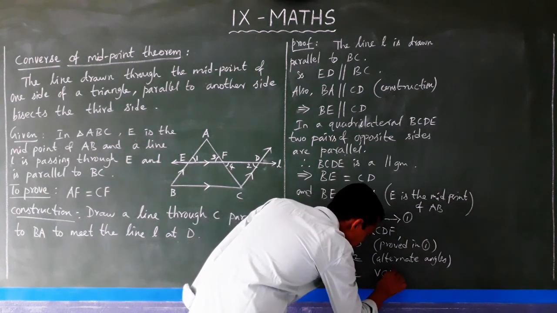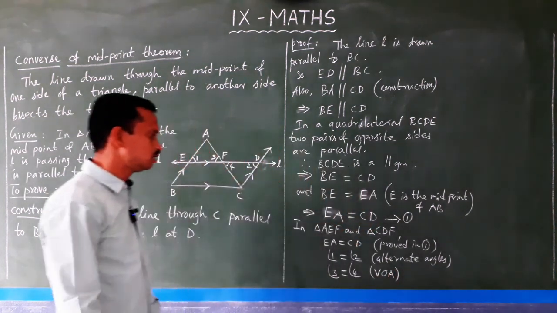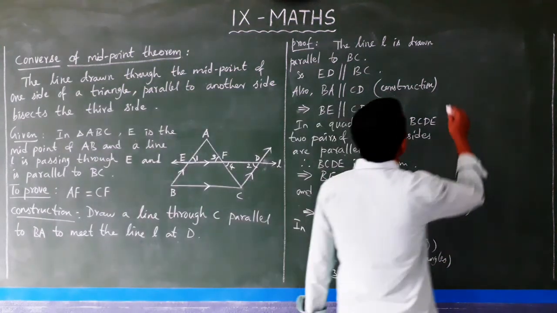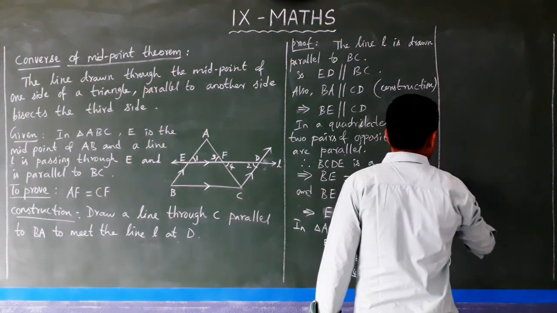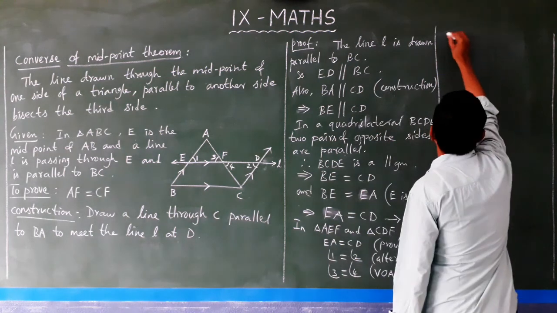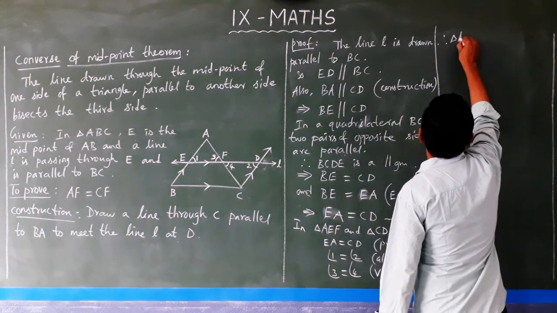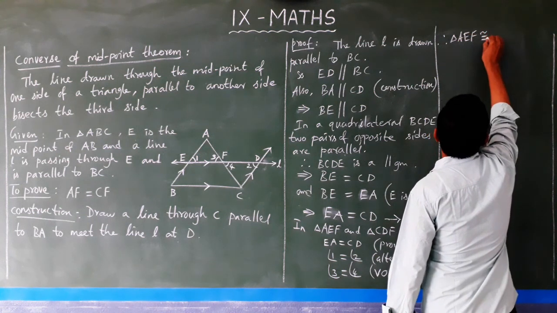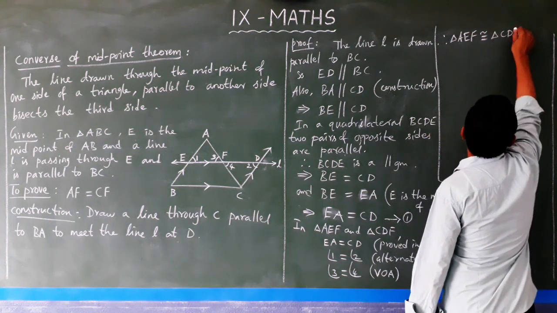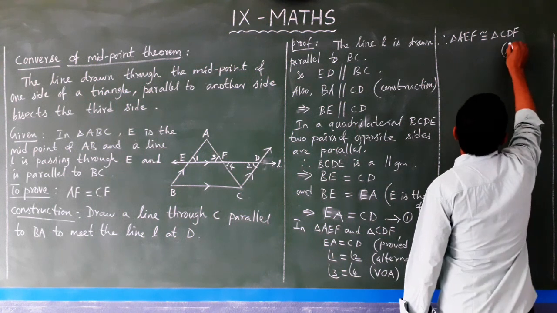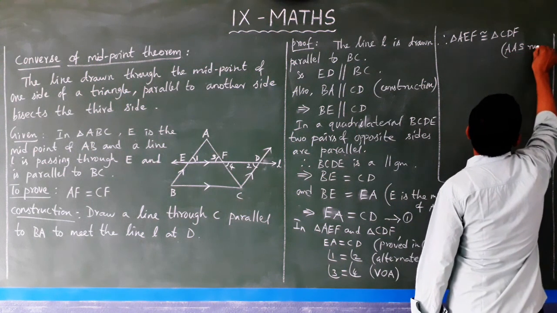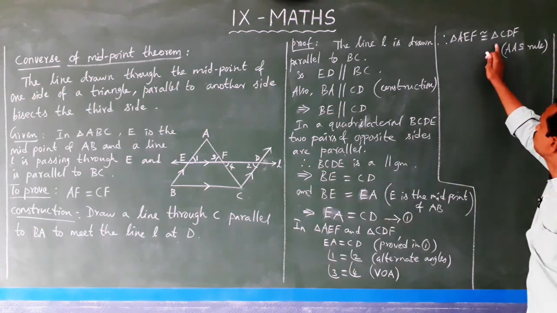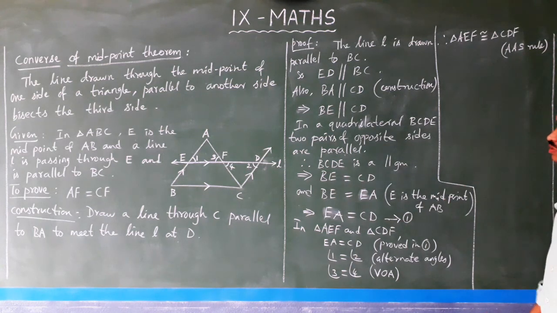For that we can write simply VO, vertically opposite angles. So two pairs of angles and one pair of sides are equal. So we can easily say, therefore triangle AEF is congruent to triangle CDF. The reason is by AAS congruence rule.